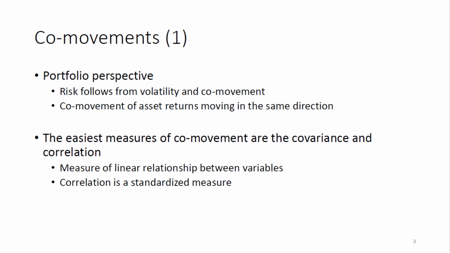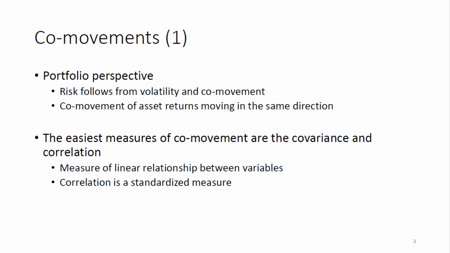So let's start with the basics, co-movements. Before we took the perspective of individual assets, now we are going to take the perspective of a portfolio. And if we are interested in the risk of a portfolio of assets, then it's of course the volatility of the individual assets that is important to measure the uncertainty. But on top of that, we also need to understand how the assets in that portfolio co-move together.